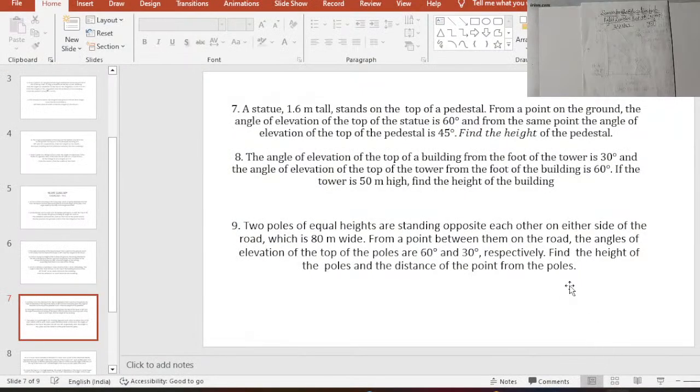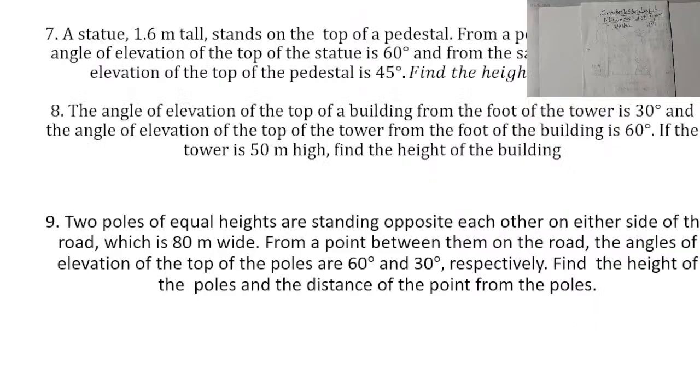You can see it in your NCERT book also. Same question is here. Two poles of equal heights are standing opposite each other on either side of the road, which is 80 meters wide. From a point between them on the road, the angles of elevation of the top of the poles are 60° and 30° respectively. Find the height of the poles and the distance of the point from the poles.